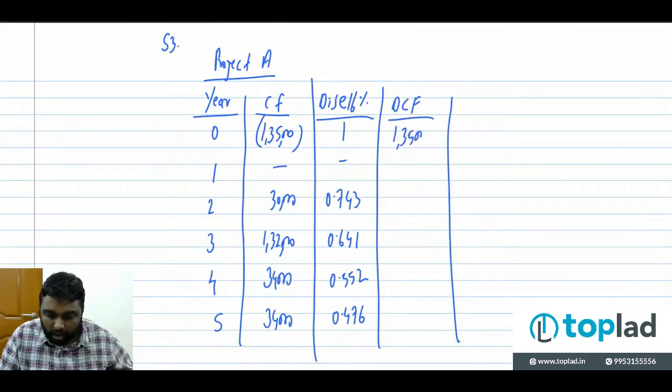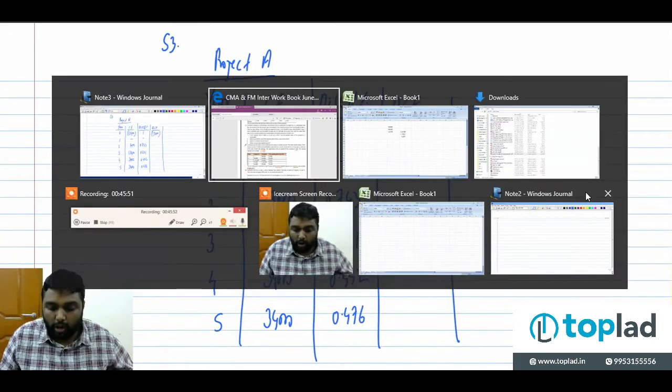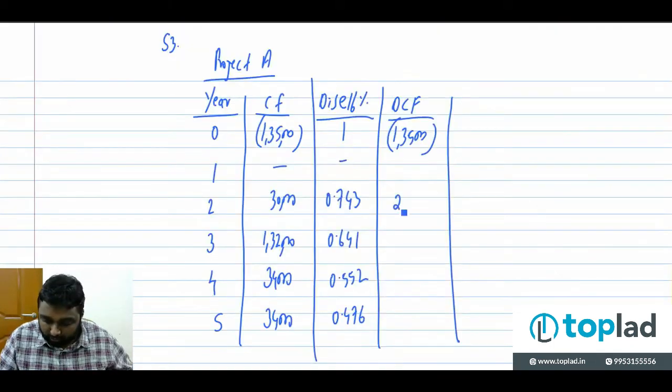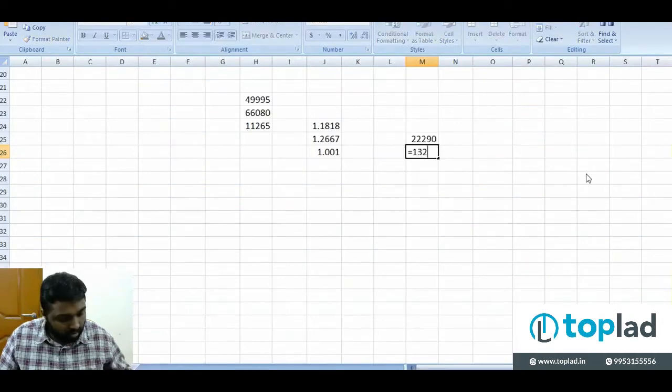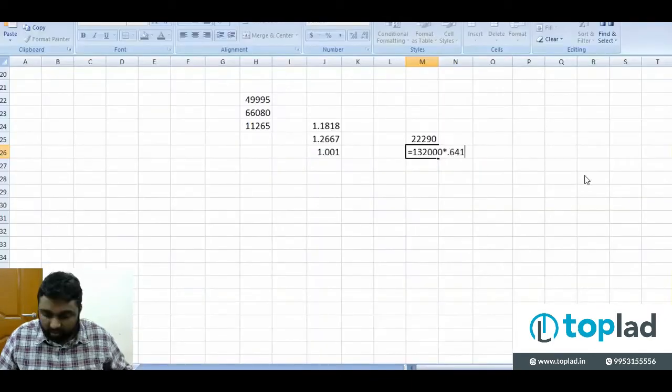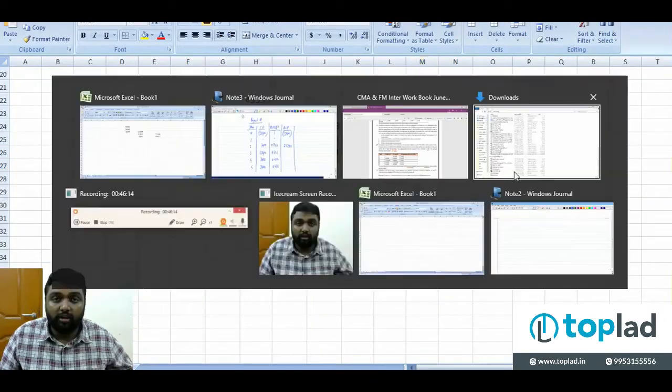Here 1,35,000. 30,000 into 0.743 is 22,290. 1,32,000 into 0.641 is 84,612.